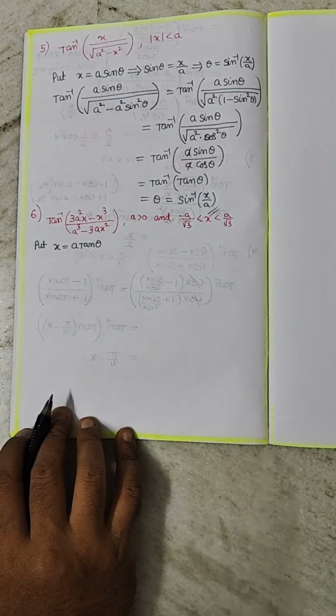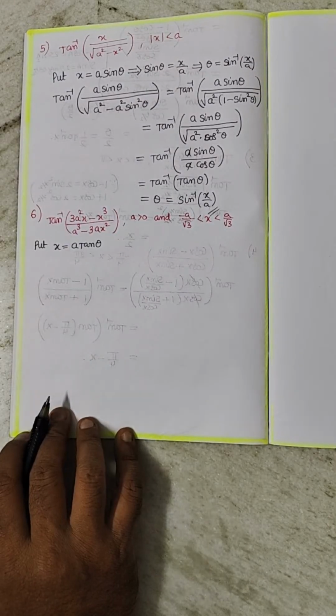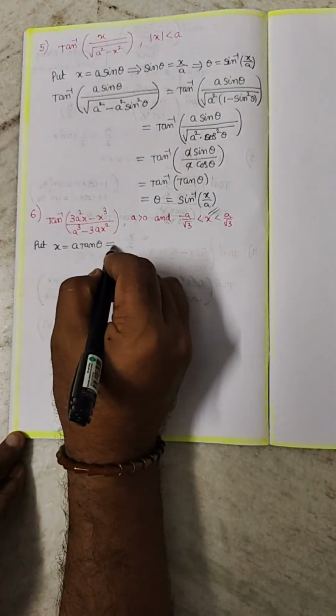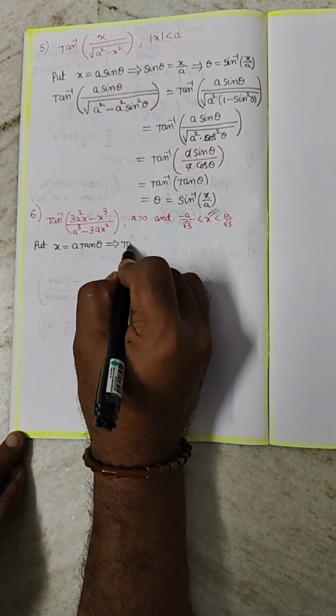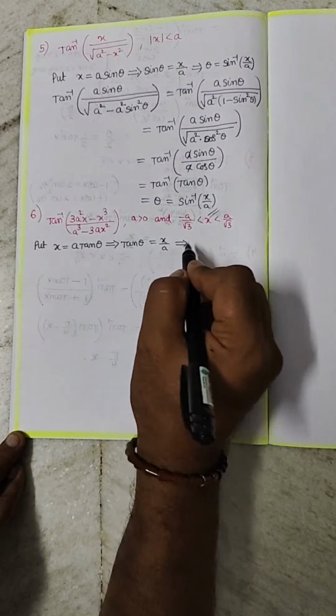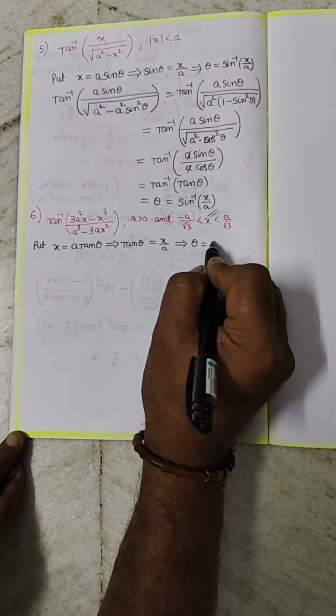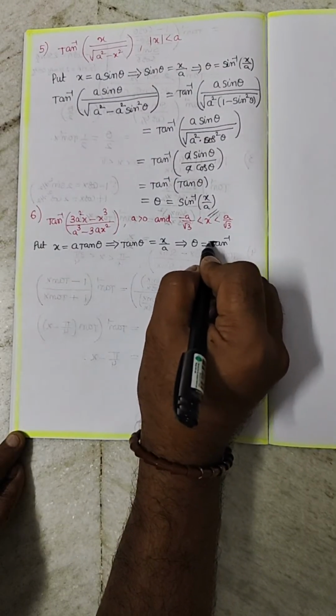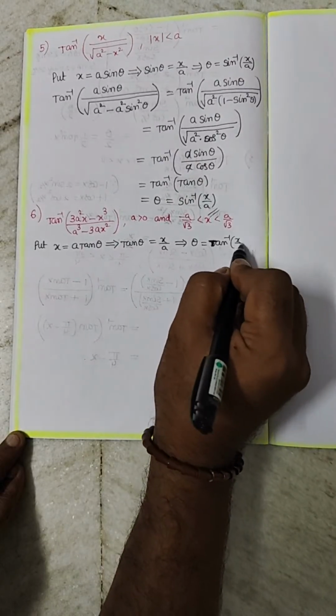If you take x is equal to a tan theta, it will become 3a cube tan theta. So 3 tan theta minus tan cube theta, we have the tan 3 theta formula. That is the reason we are taking this value. So that implies tan theta is equal to x by a, which also implies theta is equal to tan inverse of x by a.